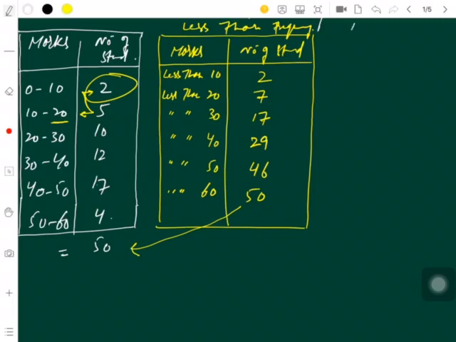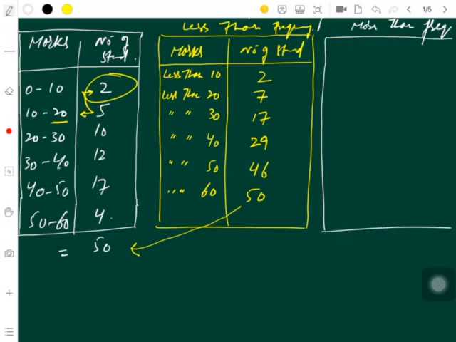Let us make the more than frequency table. In the more than frequency table, we will take the things almost reverse of it. This is our more than frequency table. I am doing it parallelly so that you may understand it properly. Marks and number of students.